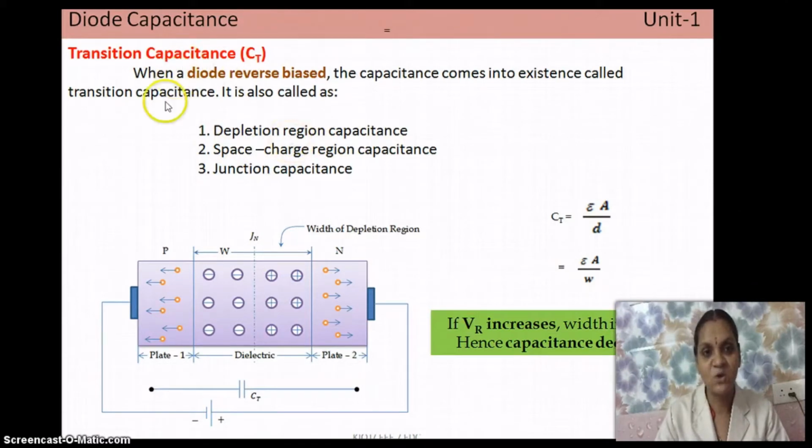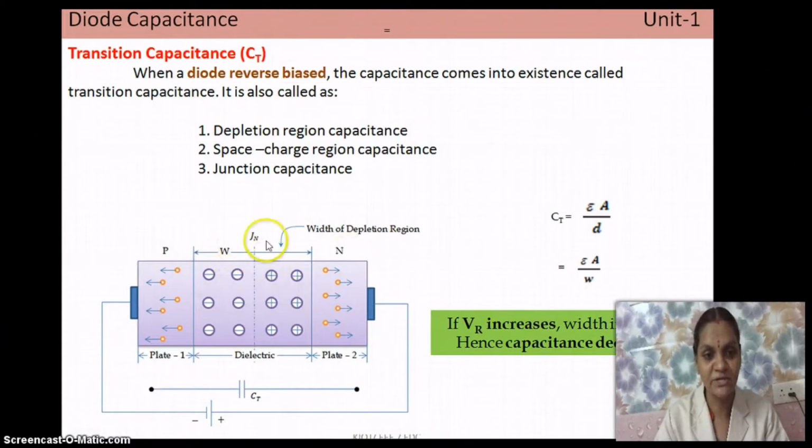So, let us see how this diode exhibits transition capacitance. This is the PN diode in which the reverse bias is given. Reverse bias in the sense P type is connected to the negative terminal and N type is connected to the positive terminal of a battery. As we know, a depletion region is created. Under reverse bias, the depletion region width increases.